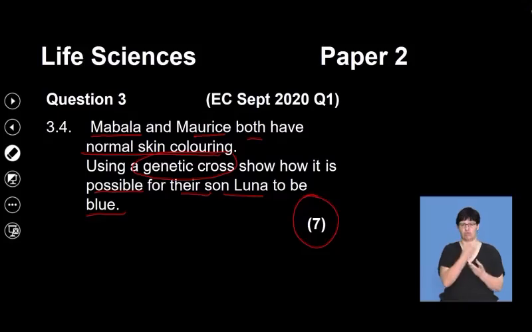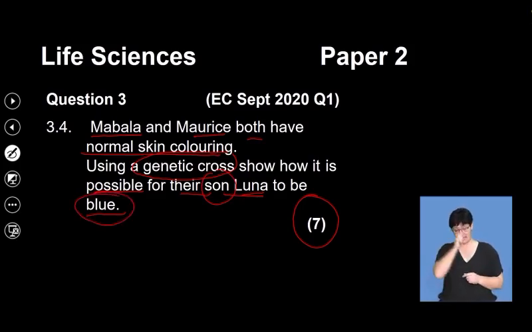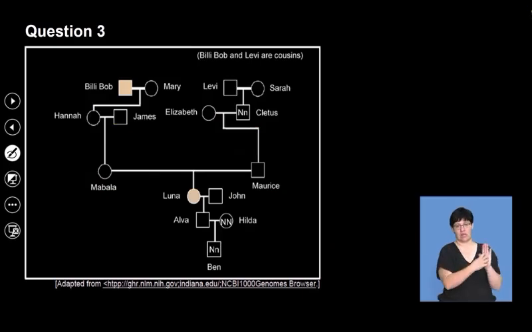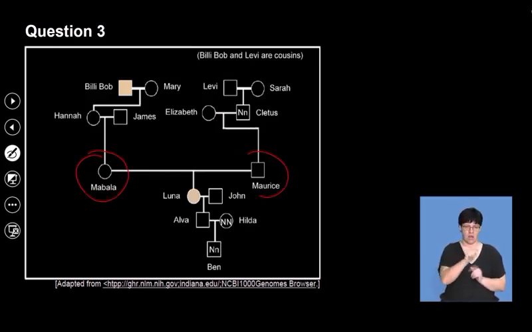So again, I'm going to take you back to the question. The question relates to identifying the genotypes of Luna, the son, by doing a genetic cross, and looking at the possibility of them having a son being blue. So we need to go back to the genetic diagram and look at who we're looking at. Mabala and Maurice are both unaffected, meaning that they have a dominant allele.